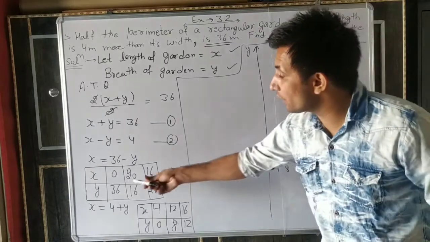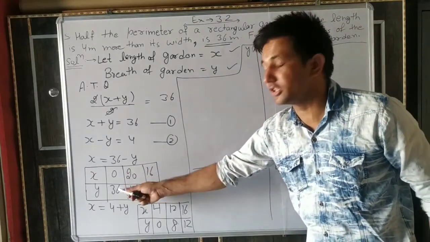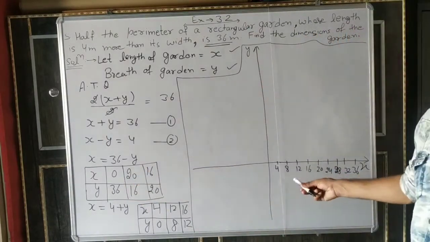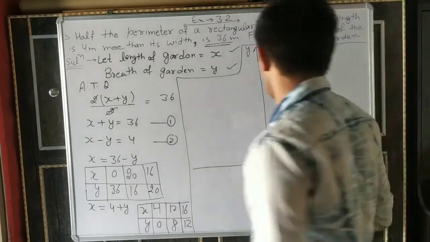Because we observed that values are 0, 20, 16, there is a very large number. Therefore, we take a gap of 4, 4, 4. Okay.